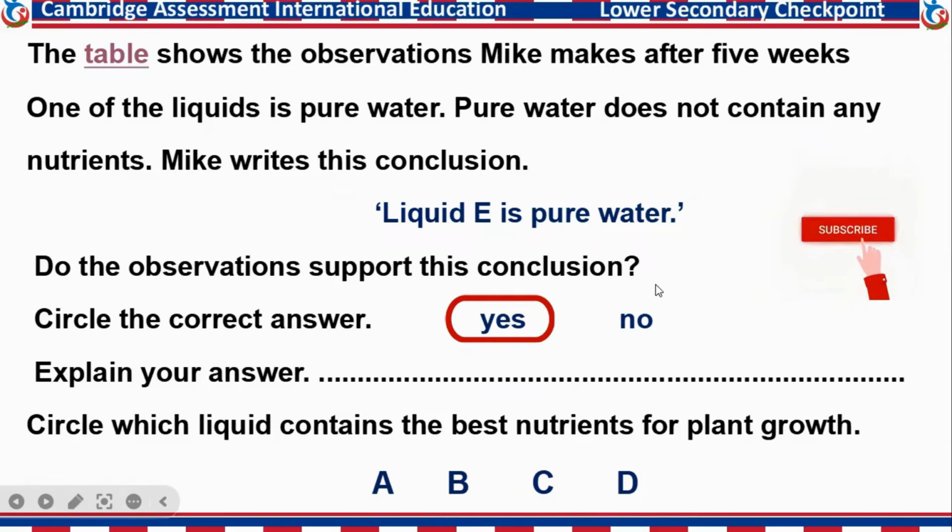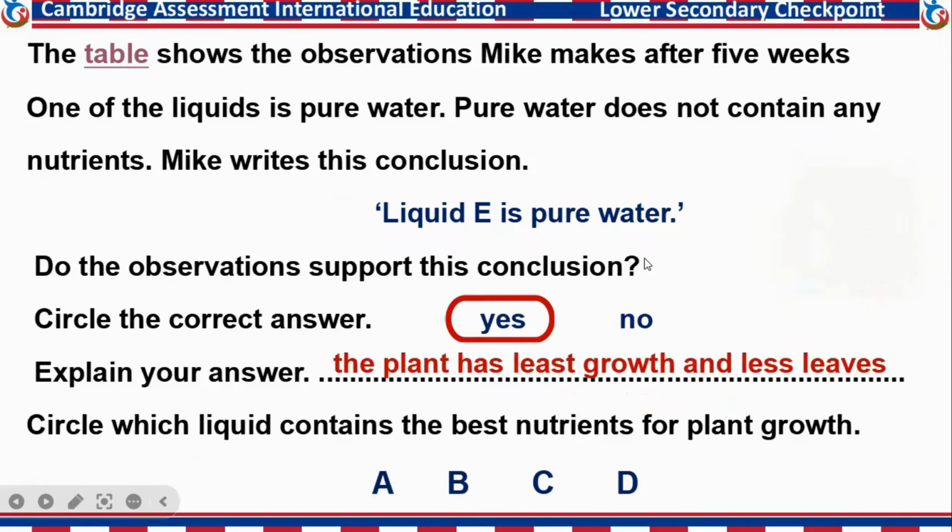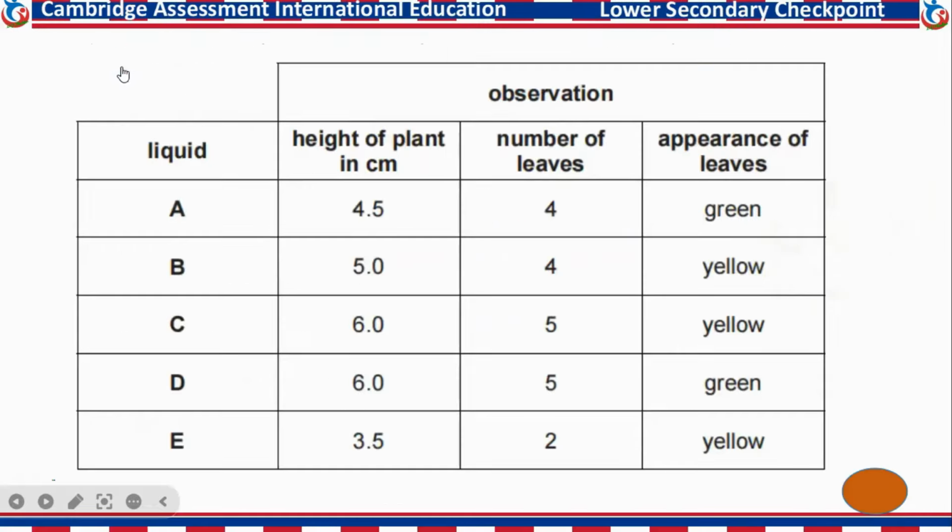It now says explain your answer. We can say that the plant has the least growth, the plant has fewer leaves, and those were the things we observed in the table as well. Among all of them, we can take a look at this again.